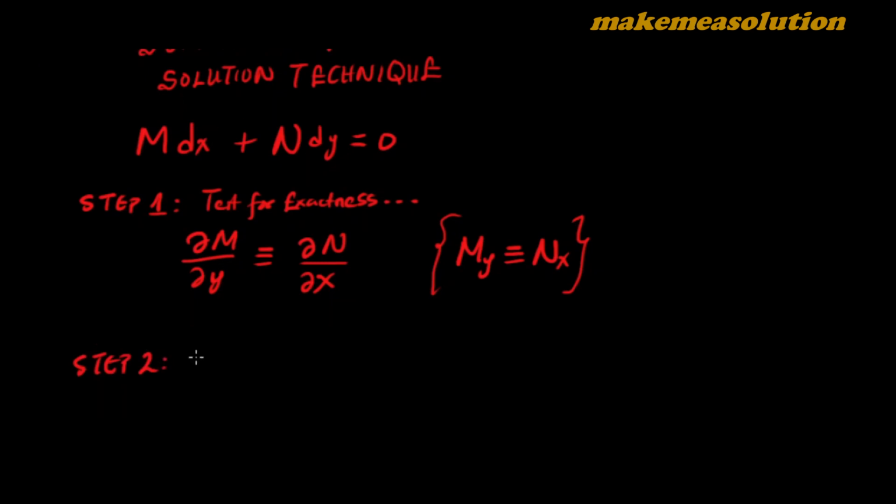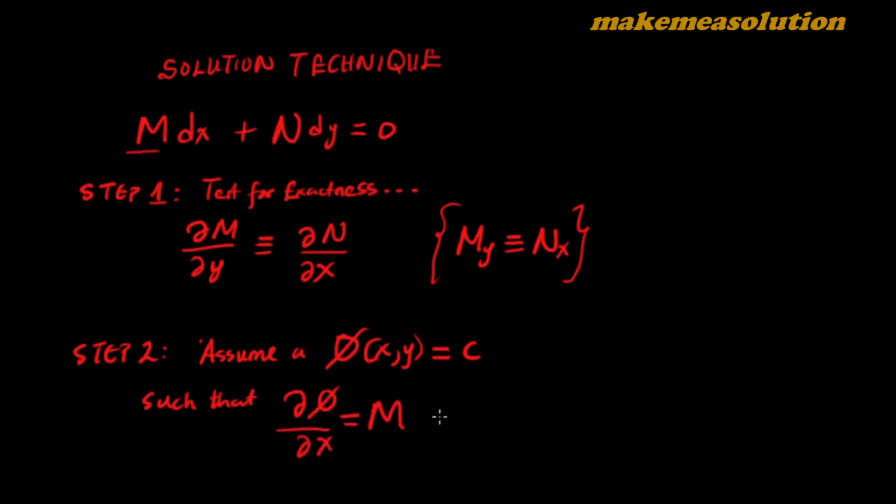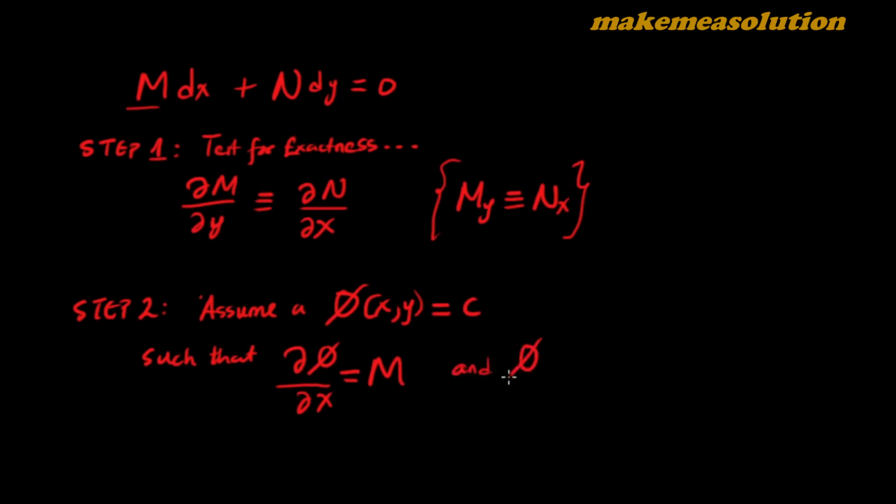is to make the assumptions. That is, introduce your multivariable function phi of x comma y equal to c, where c is an arbitrary constant, such that the partial derivative of phi with respect to x is m, that's this m over here, and the partial derivative of phi with respect to y is actually n, this n over here.